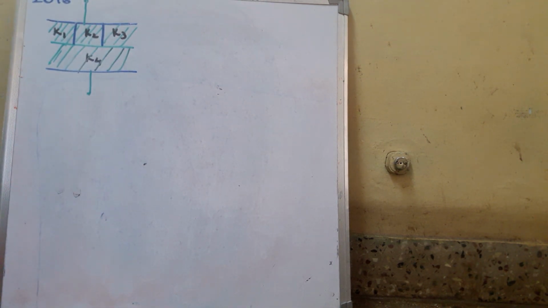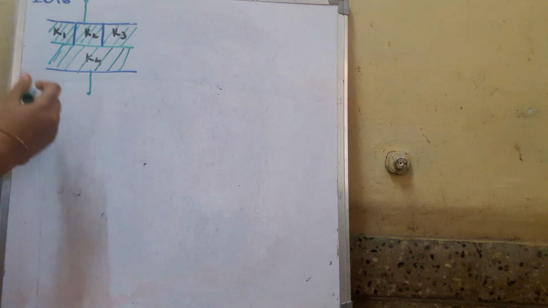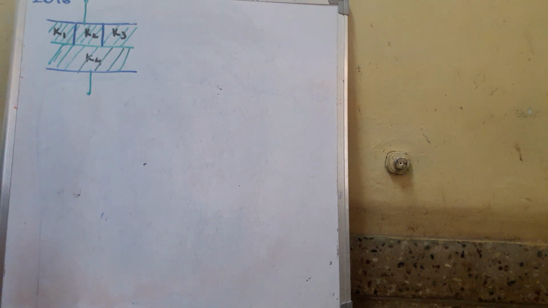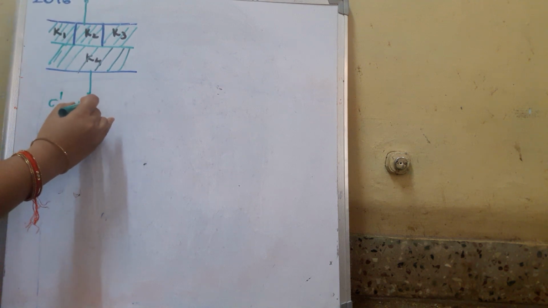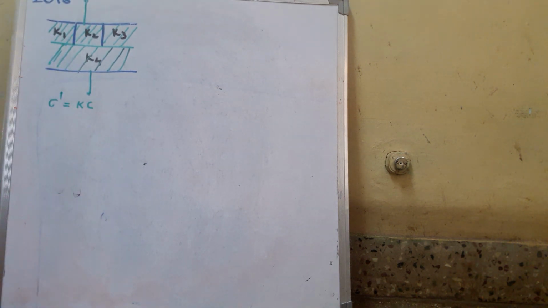Now with this figure, what can we do? We can calculate the total capacitance. If I fill with some dielectric material, correspondingly the capacitance will increase: C prime is equal to K times C, where K is the dielectric constant. When you place a dielectric material between two plates, the capacitance will increase.